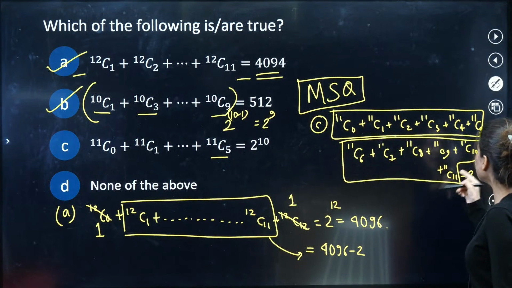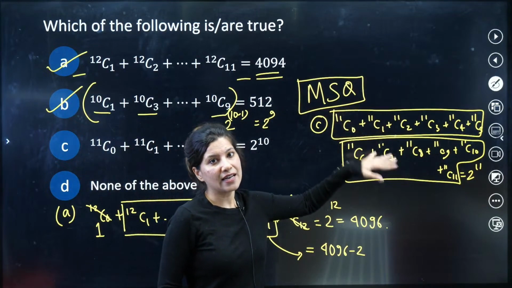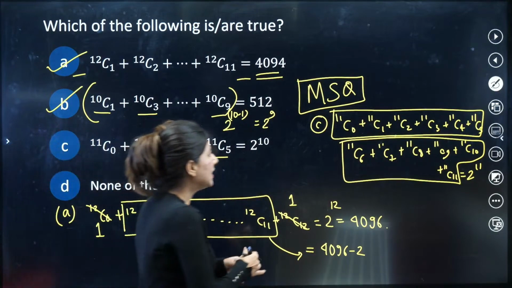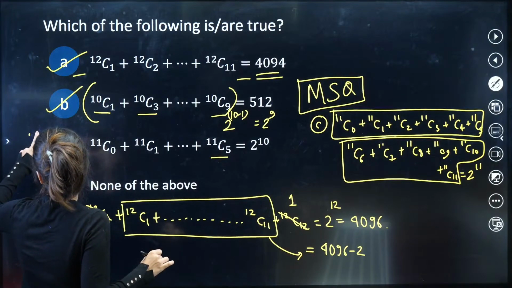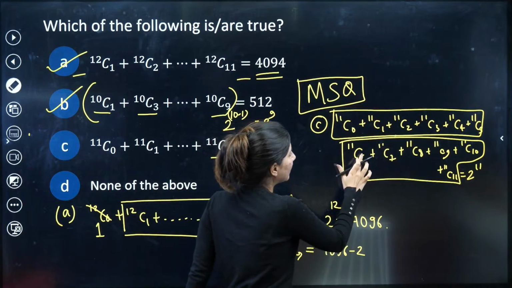6, 7, 8, 9, 10, 11. So 6 terms are there and 6 terms are there. What we are looking for is the first 6 terms. Can I write 11C6 as something else?